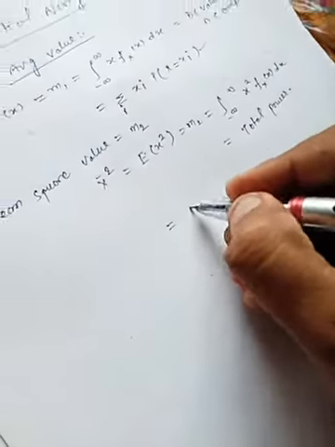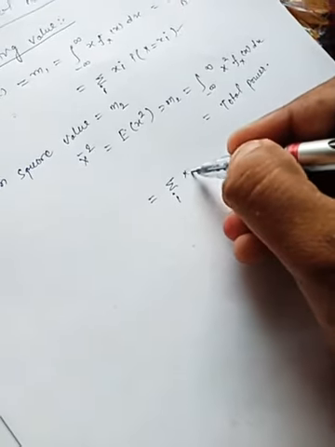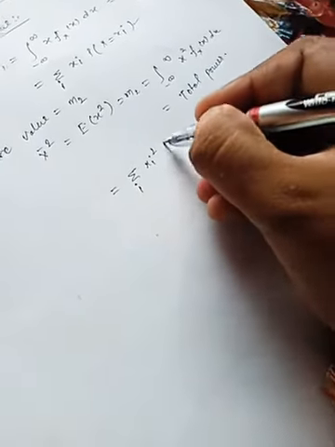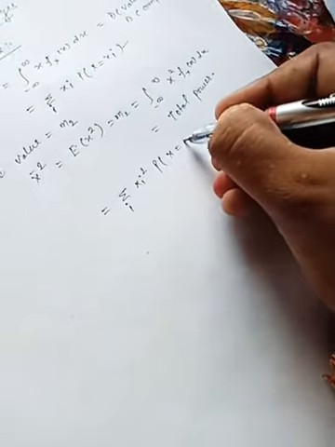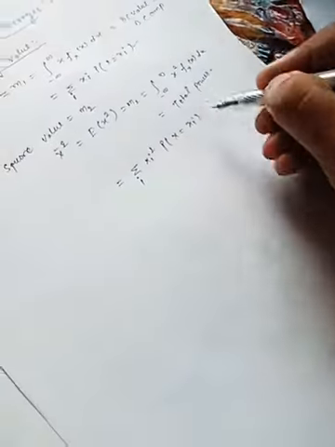For a discrete system, it is the sum over i of xi squared times probability x equal to xi.